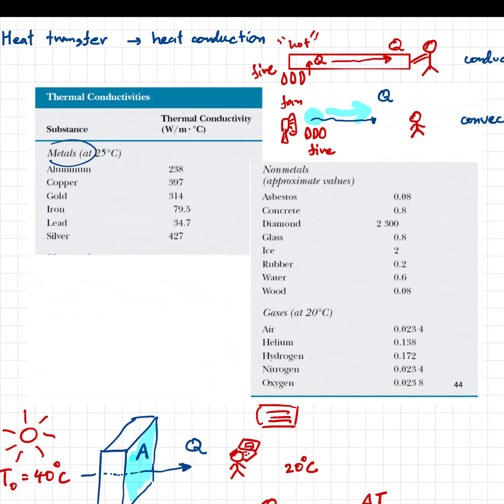So for metal like aluminum, copper, gold, iron, the thermal conductivity is given by this number. Non-metal is usually a lot worse, like concrete. Diamond is a special case because the structure of diamond allows a lot of heat conduction to happen, but that's an exception. Other than that, non-metal usually has very low heat conduction.